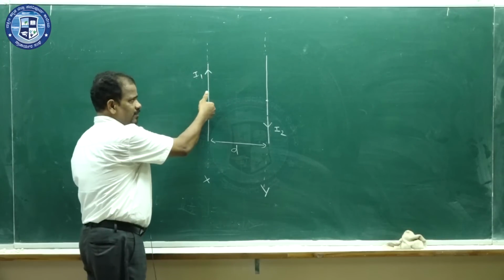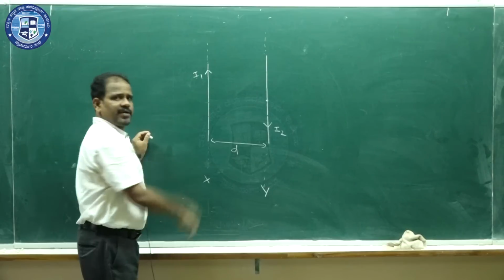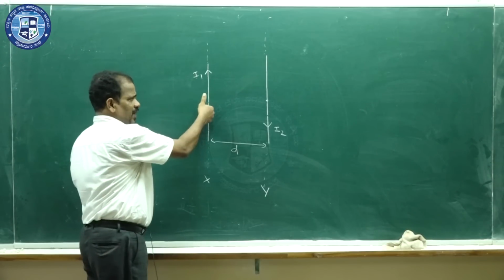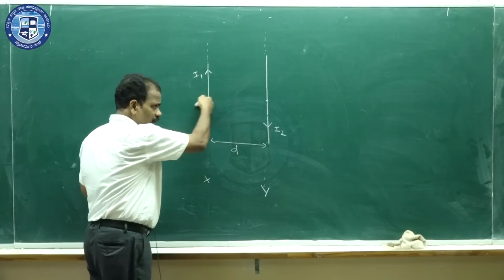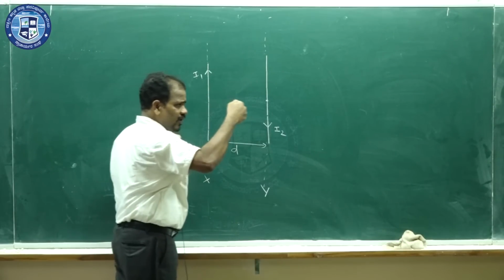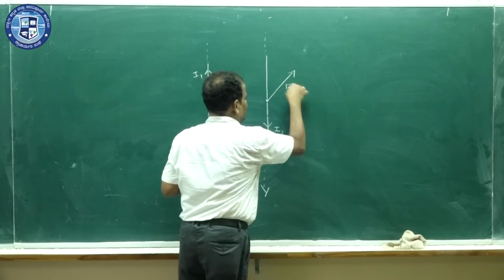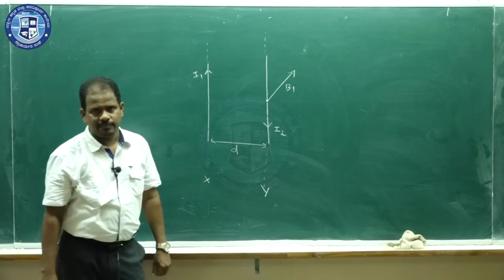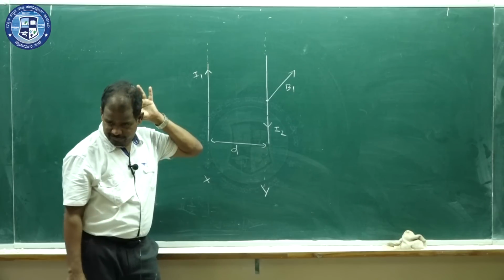This is the wire which carries current I1, and the surrounding magnetic field is produced. Applying the right hand clasp rule, this is the direction of the magnetic field. I call it B1, because it is the magnetic field due to I1.